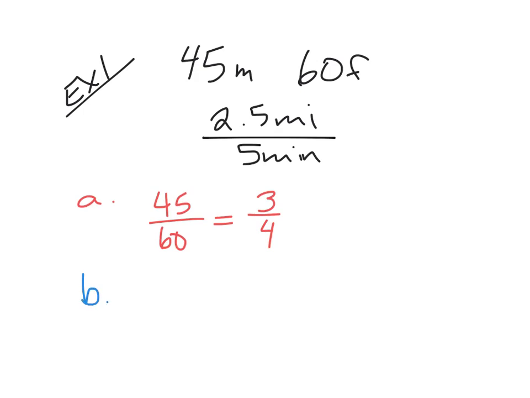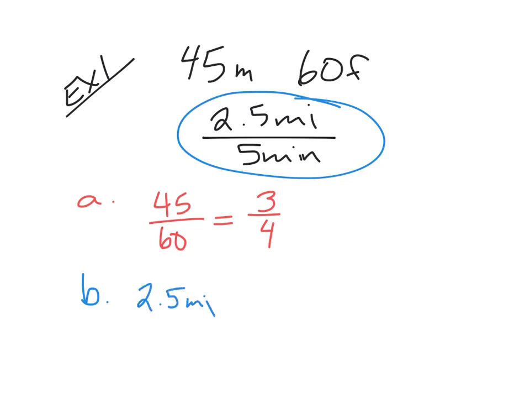And then for B, they said find the speed of the subway car. You see, when I heard it, I wrote the rate, right? They want the unit rate. When they tell you to find the speed, that is finding the unit rate. So I'm going to say 2.5 miles over 5 minutes, and I'm going to try and simplify that.